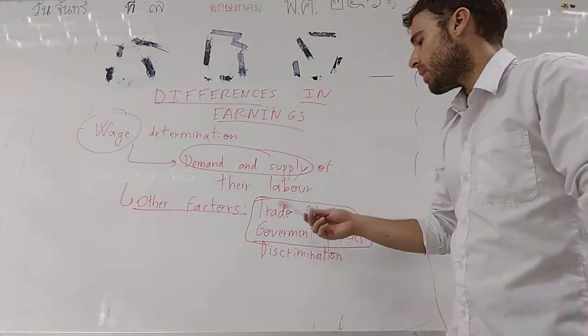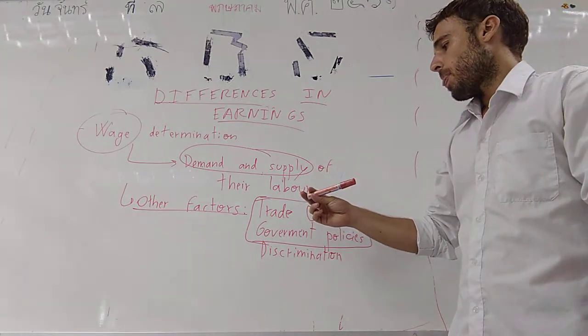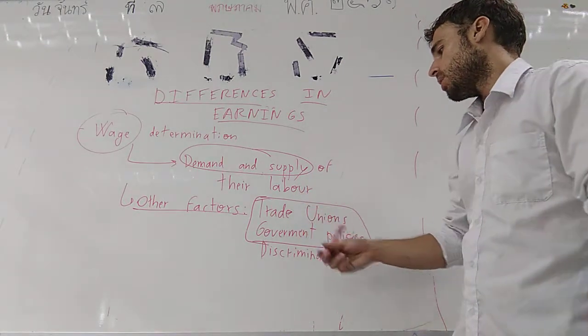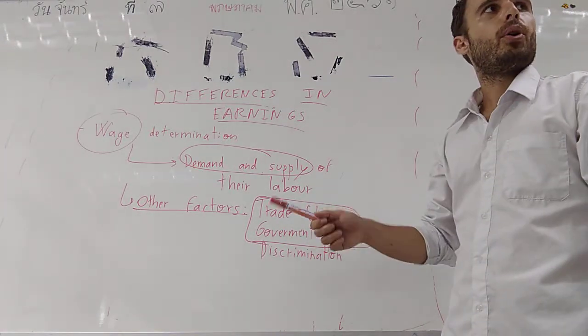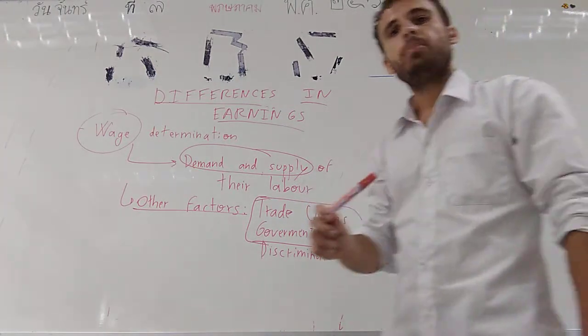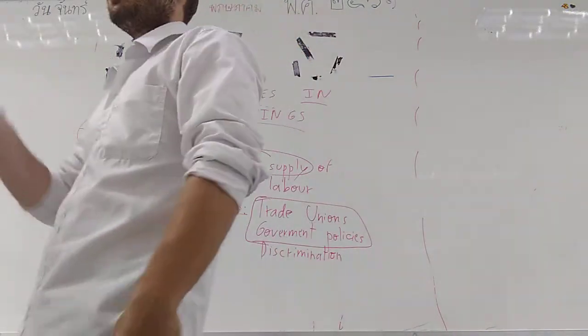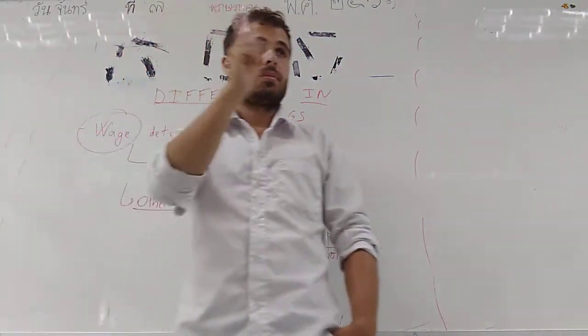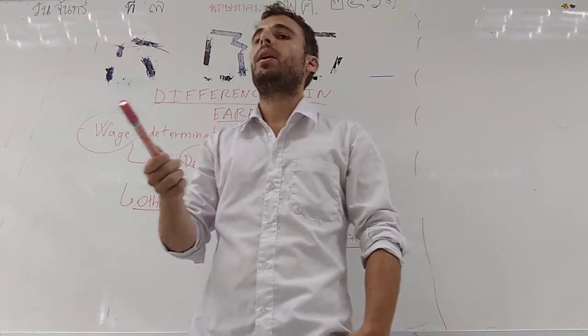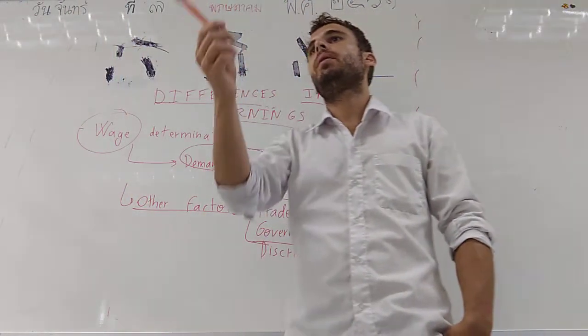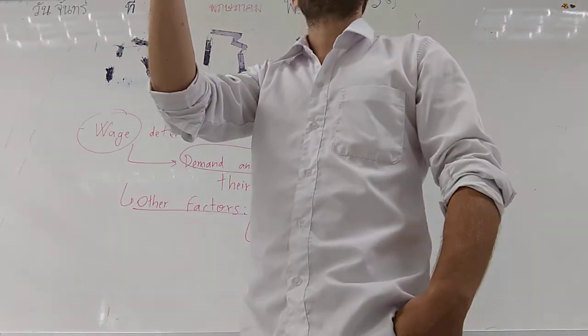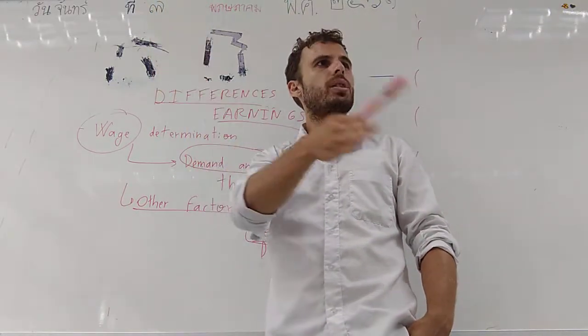The same functions led by the trade unions can also be implemented by the government through government policies. For example, in my country, the government sets the minimum salary. Daniel, the minimum salary is 7 euros. The minimum salary in Australia is, I guess, $20, or $18, I think.